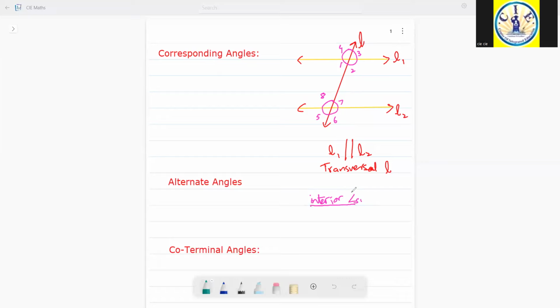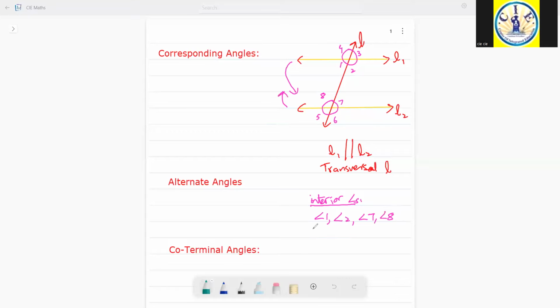The angles that lie within these parallel lines, inside of these parallel lines, are called interior angles. So the interior angles in this case are angle 1, angle 2, angle 7, and angle 8.